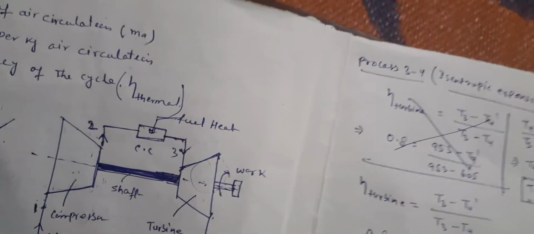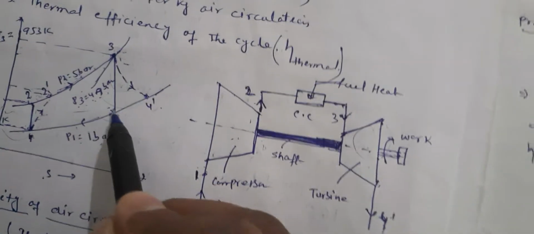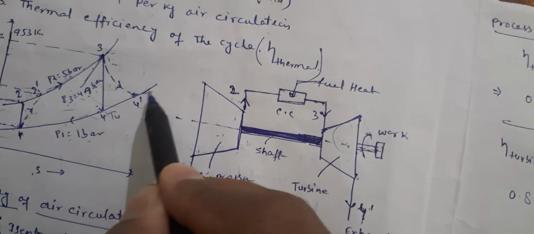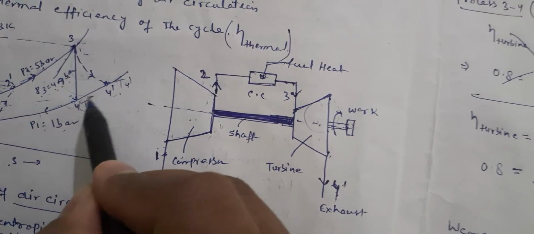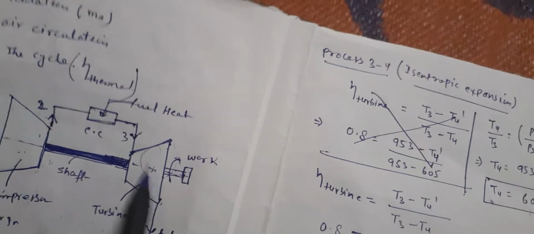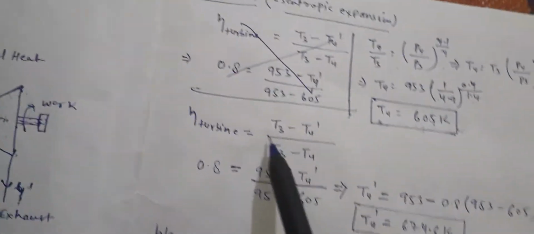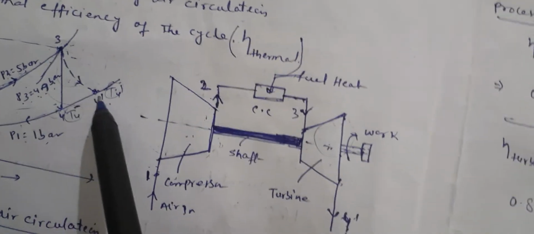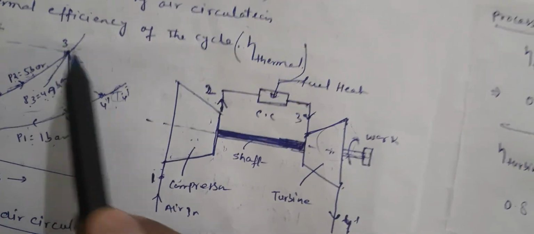Next we have to find the temperature T4 dash. T4 we have got here, and T4 dash we have to find. Here is the turbine, an expansion turbine. The efficiency of turbine is (T3 minus T4 dash) divided by (T3 minus T4).